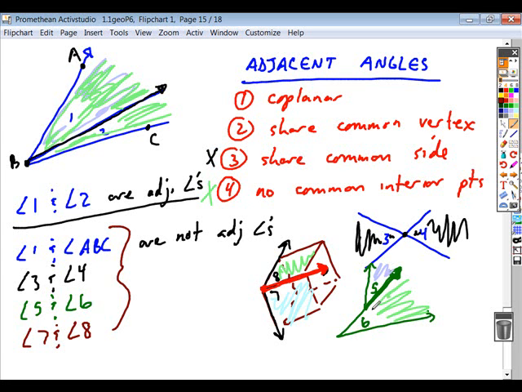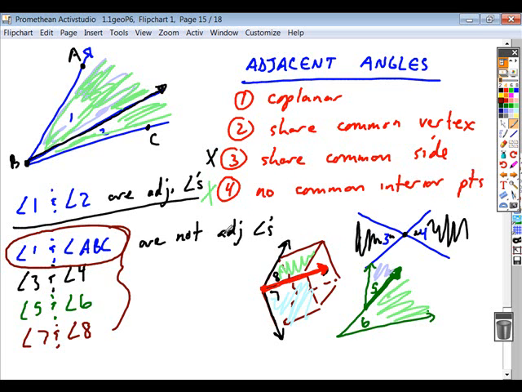David? How do I get the no common interior points? What does that mean? It's really for this set, like angle 1 and then the whole outer angle as well. That meets all the criteria except for no common interior points.